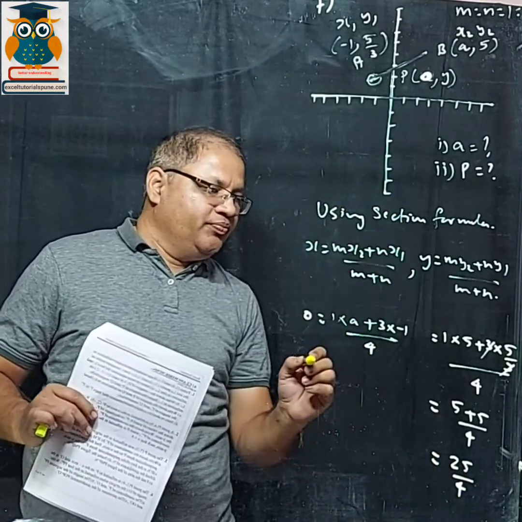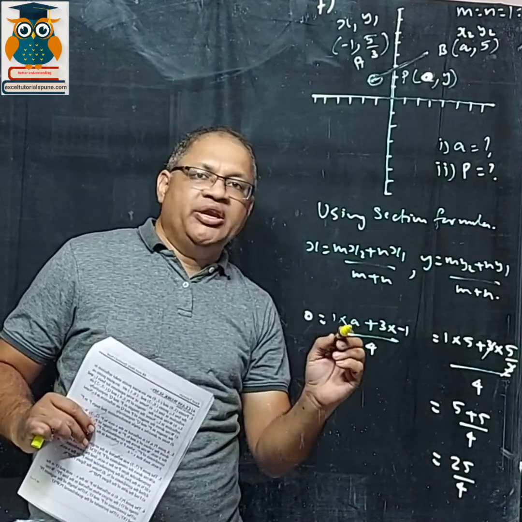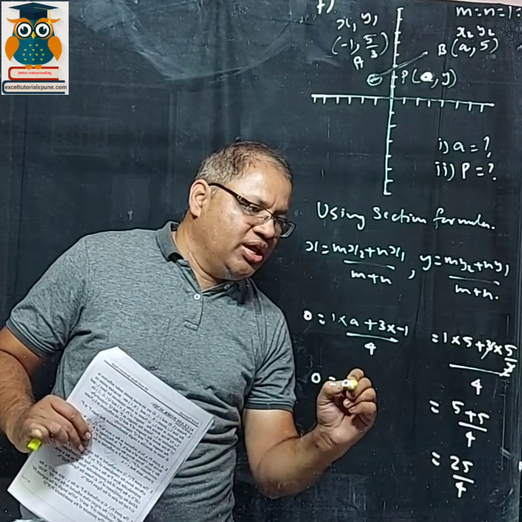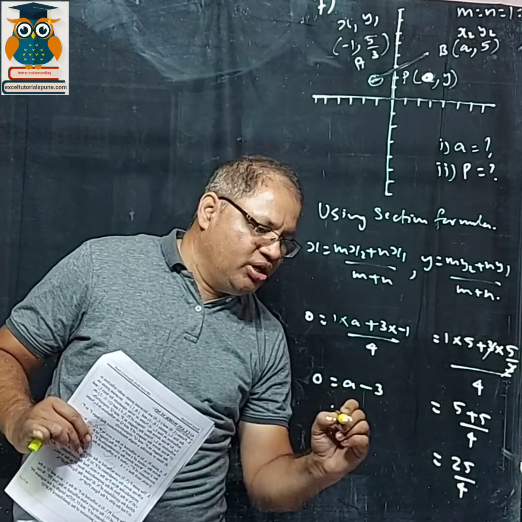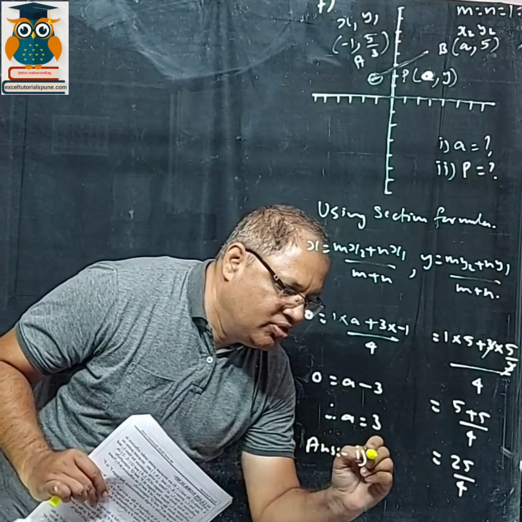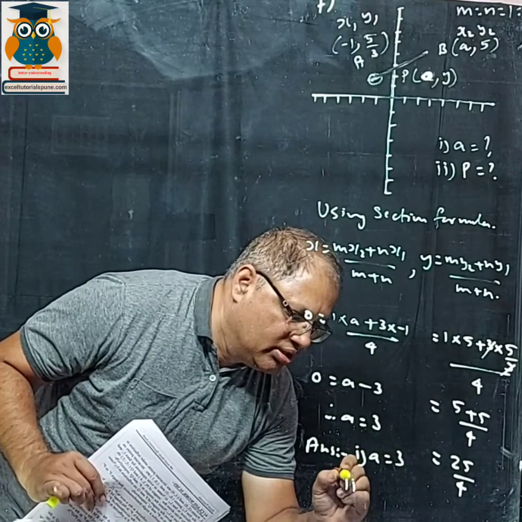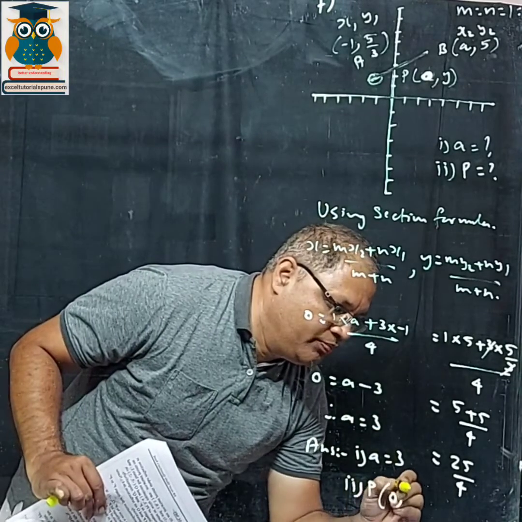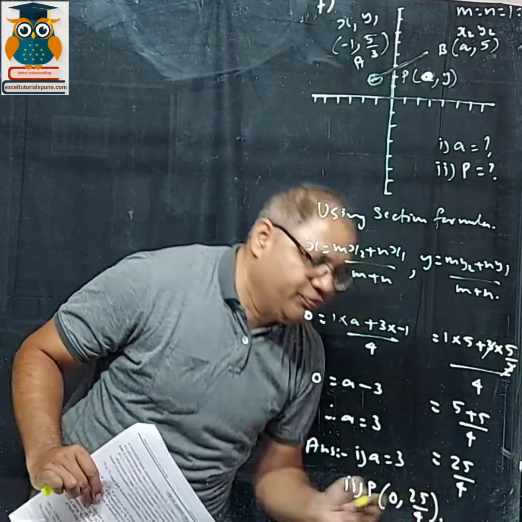Okay, and here we can get the value of a. Send 4 that side. 0 is equal to a minus 3. Therefore a is equal to 3. So the answer is, first part a is equal to 3. Second part, P's coordinates are 0 comma 25 by 4. Alright.